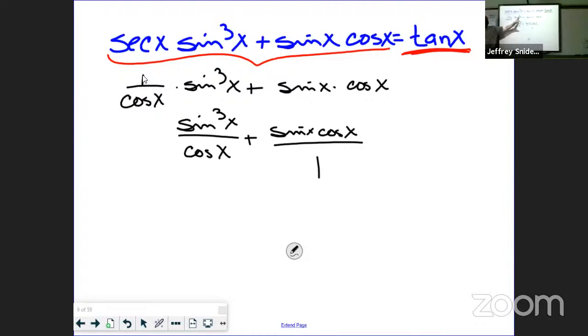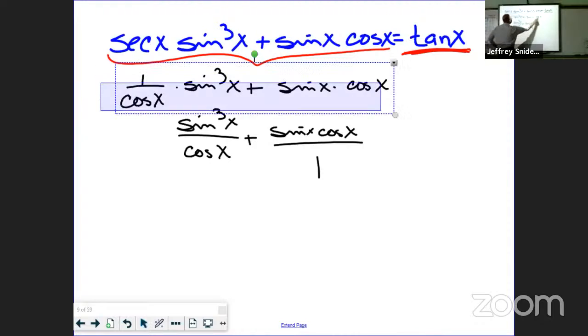So I can continue this route. There's nothing wrong with where I'm at right now. I just can't cancel these out. If that was multiplication, yeah, then I could cancel them out, but it's not. Anybody else got an idea? I factored out the sine from both. Okay, hold on.